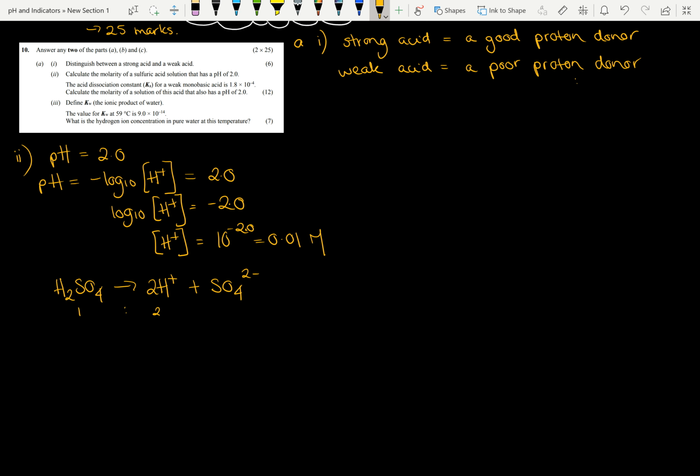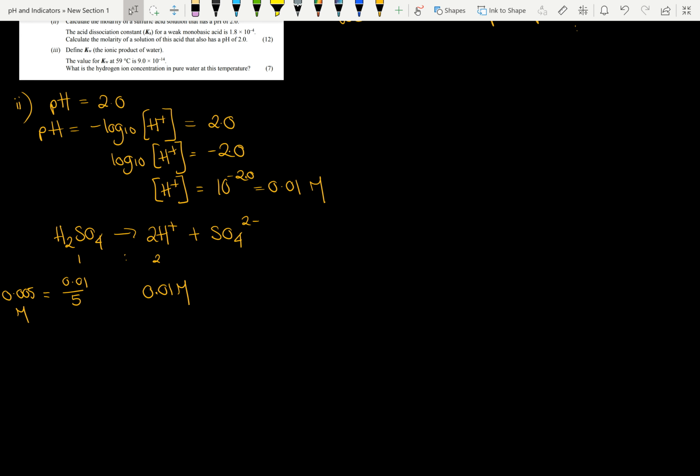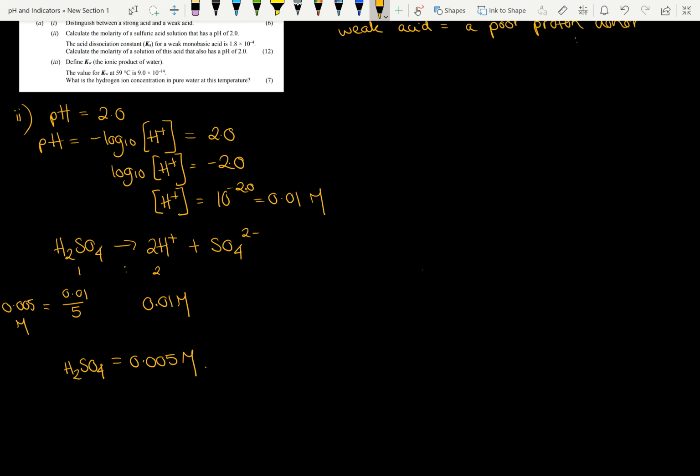So that means that if I've got 0.01 moles per litre of hydrogen ion produced, it has to have come from half that amount of sulfuric acid. So that gives me 0.005 moles per litre of the sulfuric acid. So the concentration of my sulfuric acid with a pH of 2 is 0.005 moles per litre.